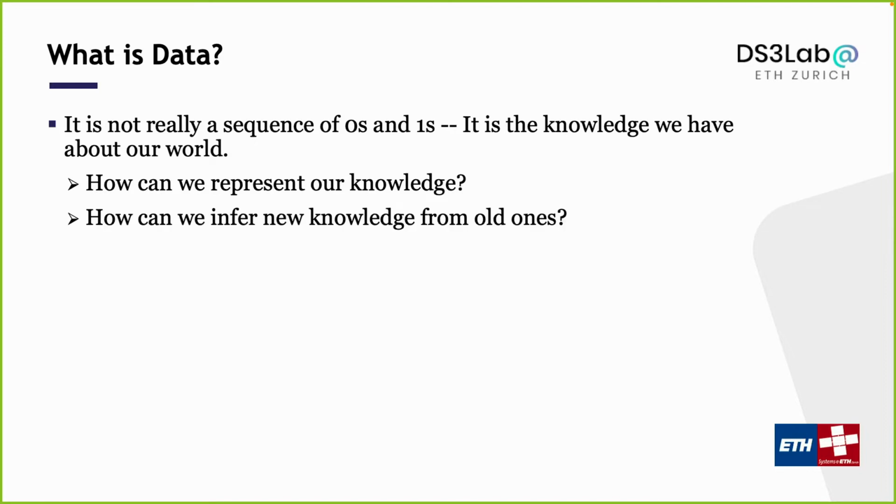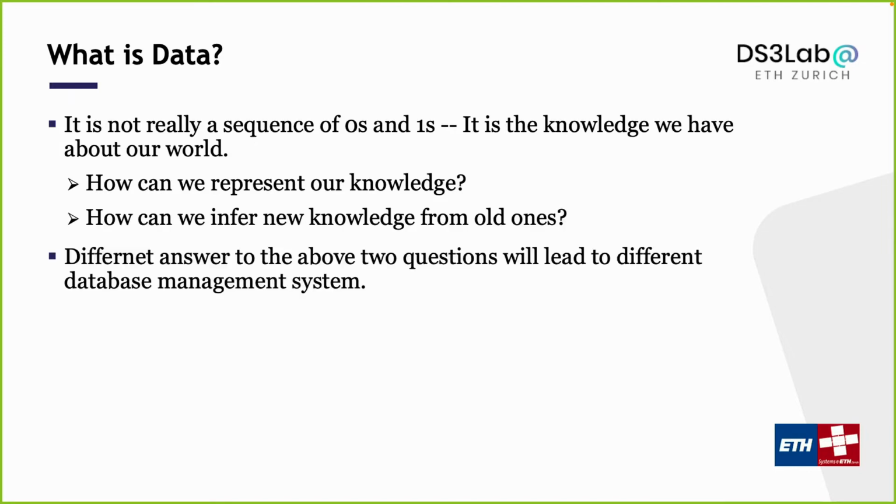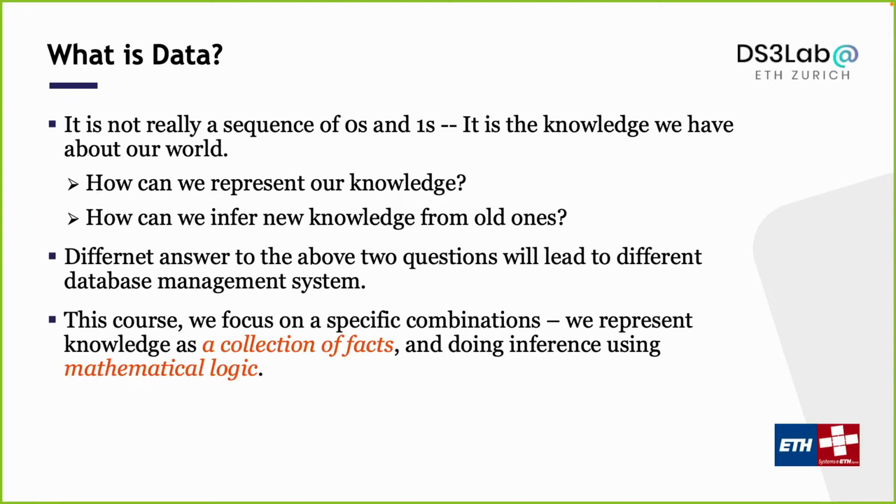Or how can we infer new knowledge from the old ones? If you have different answers to these two different questions, it will give you different types of data management system. And the thing we are going to focus on in this course is, again, by thinking about knowledge and data as a collection of facts, and by thinking about the ways of doing inference as a mathematical logical formula. And this gives you the relational model.